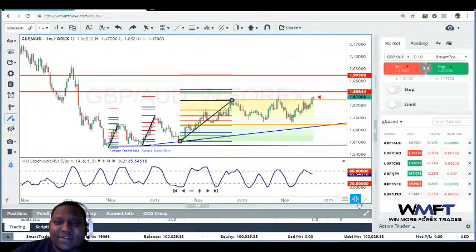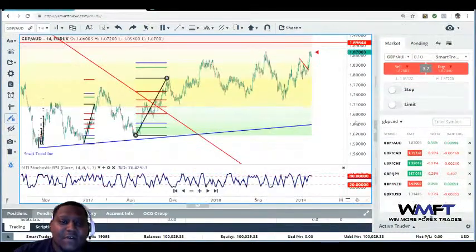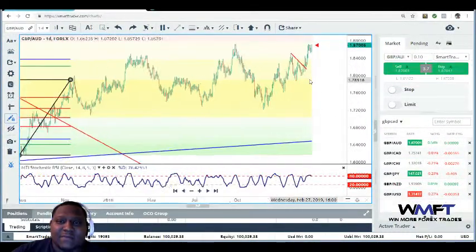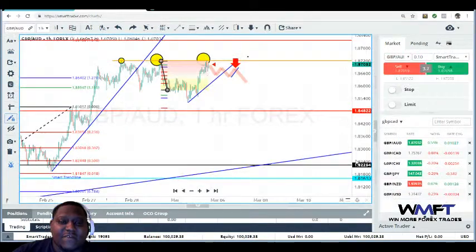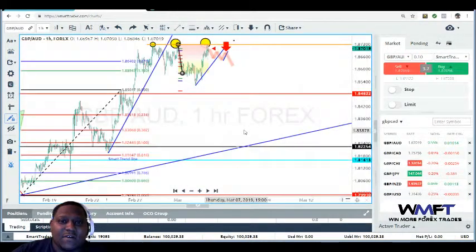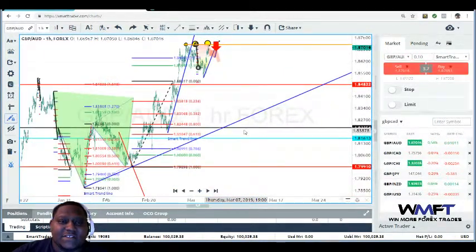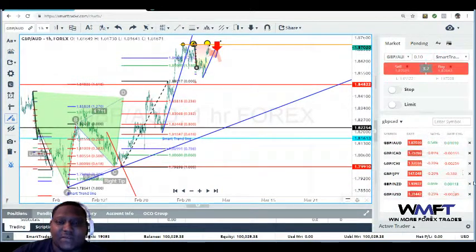We had a nice high price. Stochastics are turning around, and we got that nice high price here on the daily time frame. And we have Fibonacci D1 618D extensions that have been hit off of this bullish crown formation.